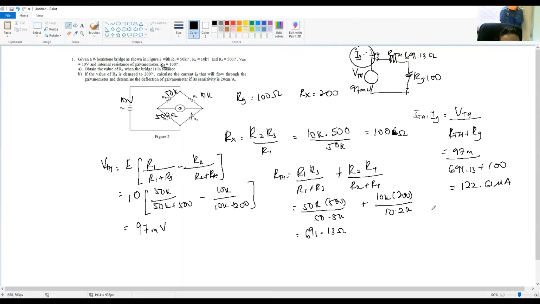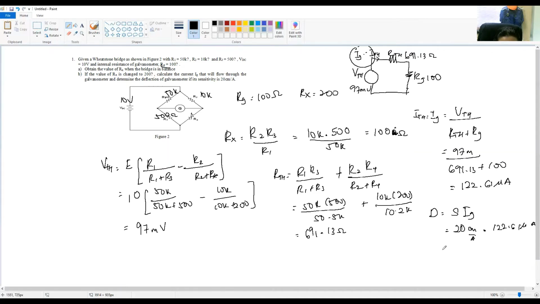Then next you have to calculate the deflection. The formula is similar: S is given as 2 cm per ampere, multiplied by 122.61 microampere.